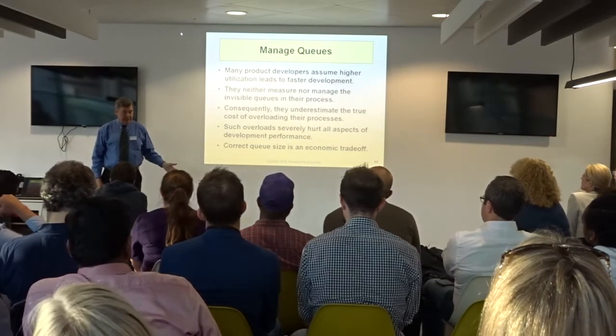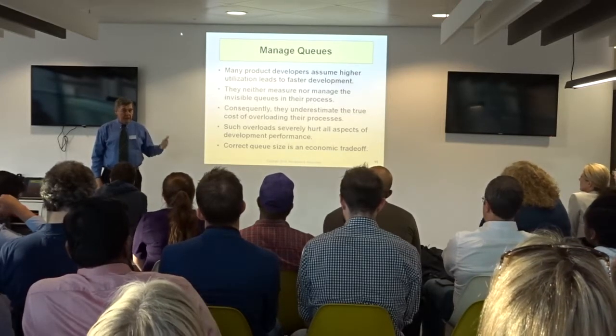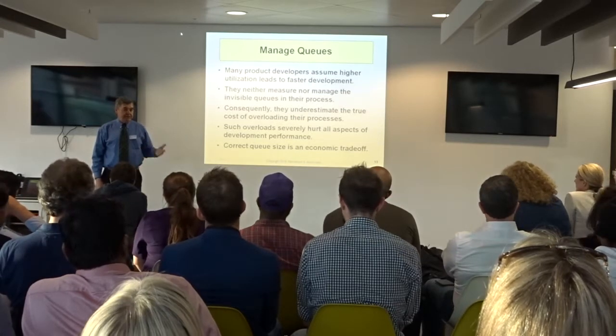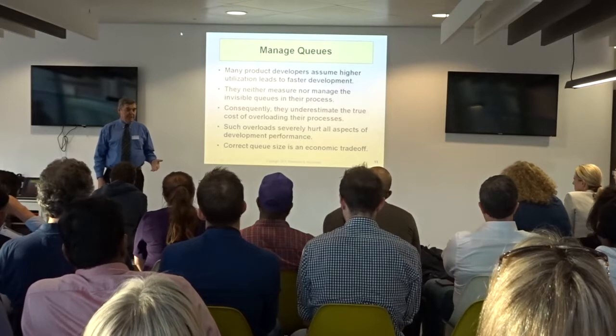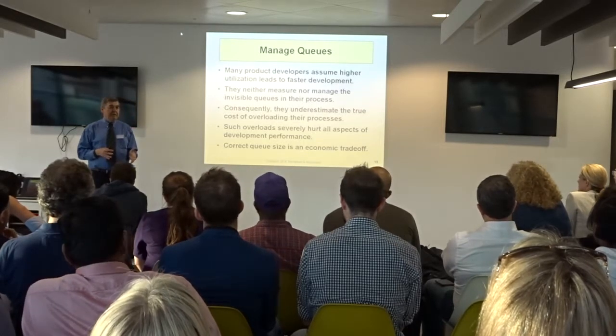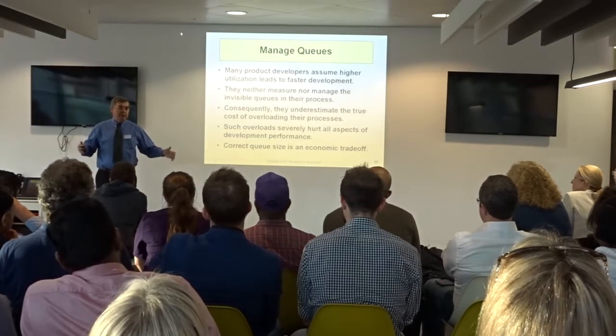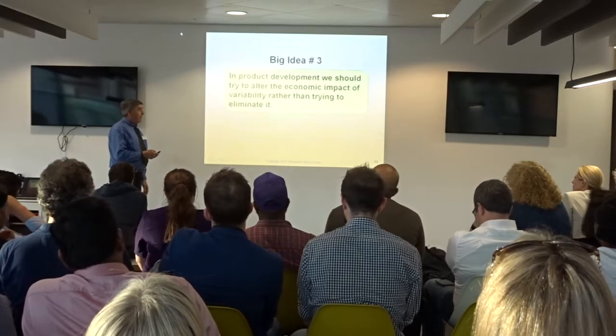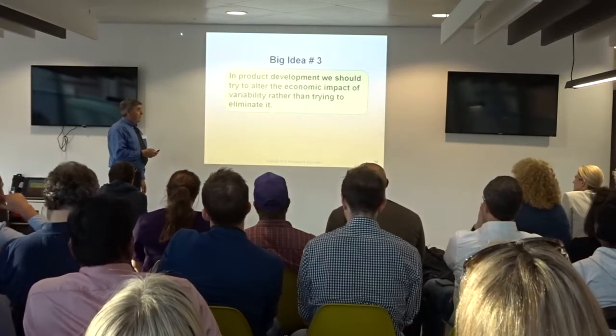They hurt cycle time, they hurt quality because they delay feedback in processes, and they hurt the efficiency of a process. So one of the easiest ways to damage a product development process is to create large queues in the process. That's very dangerous for product developers.